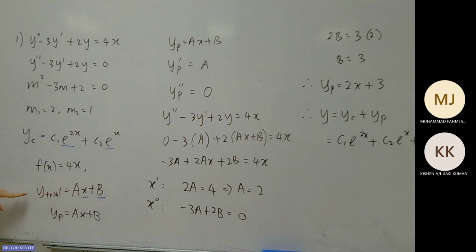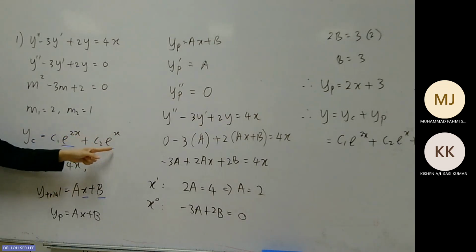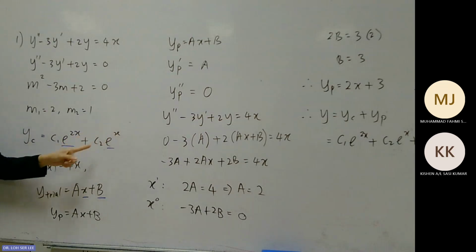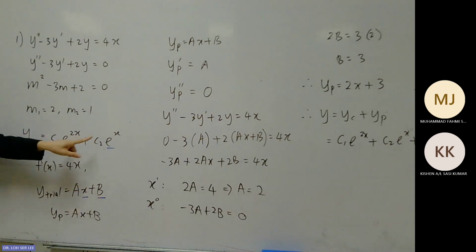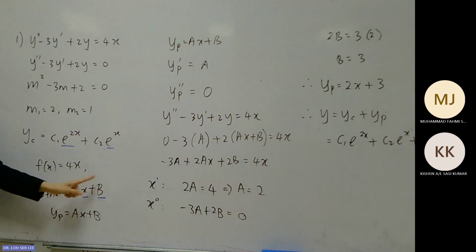Then we check, is there any duplication between y trial and yc? We look at the functions y1 and y2. Your y trial has x and constant only, but here you have exponential functions, so they are not the same. No duplication, so your y trial will be your yp.